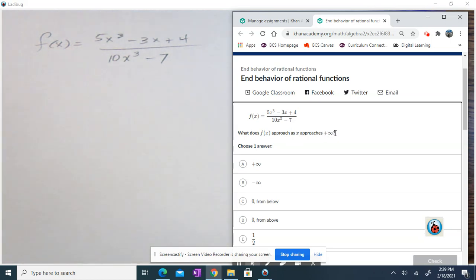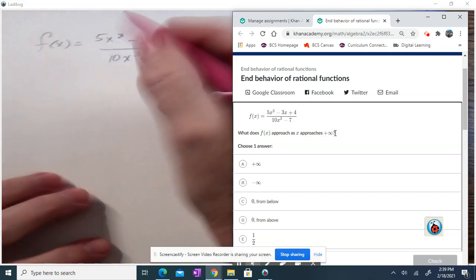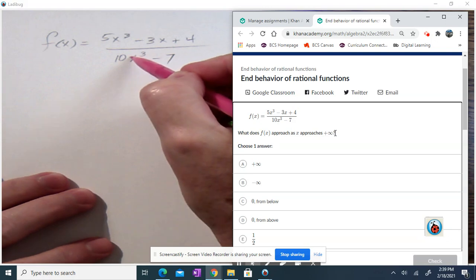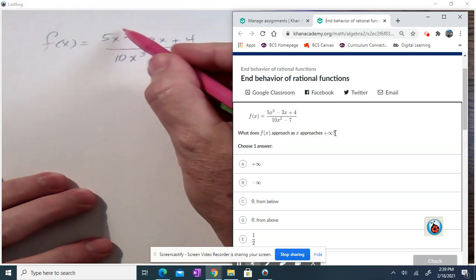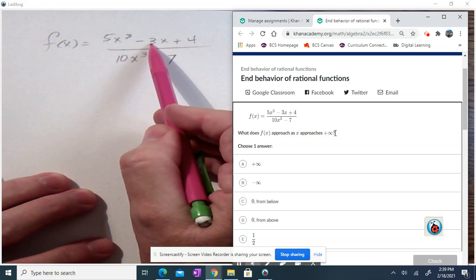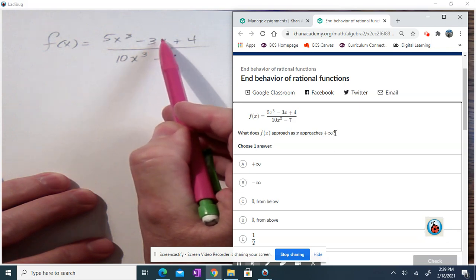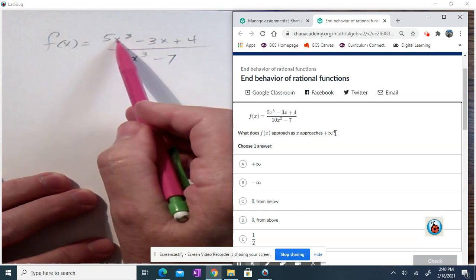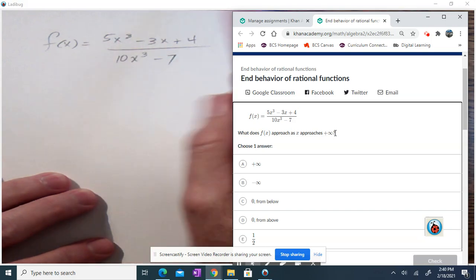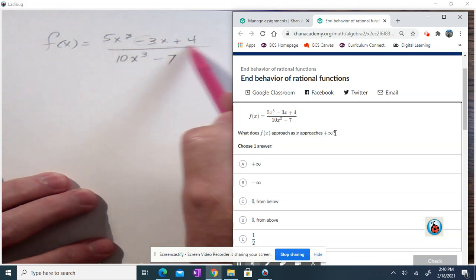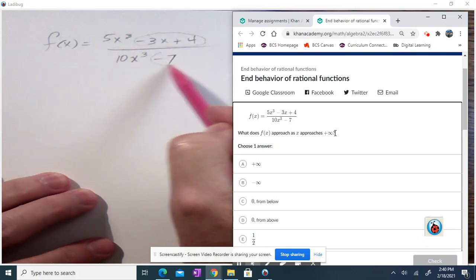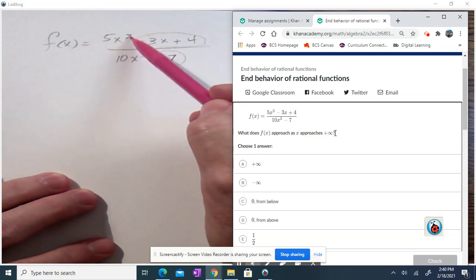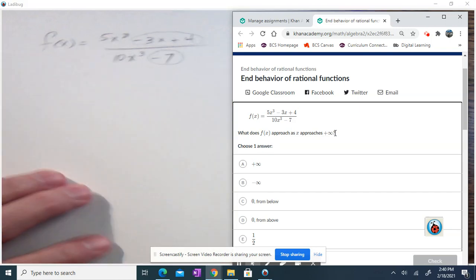As x gets very large, these two leading coefficients take over, and the other terms, like this minus 3x, are almost negligible for very large values of x. You could pretty much ignore all of this, and you could ignore this because x cubed is just going to get crazy big as x gets crazy big.